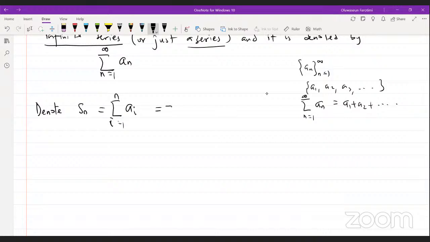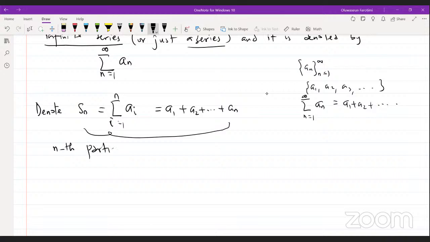So this is just A1, A2 up until An. This is called the nth partial sum of the series.